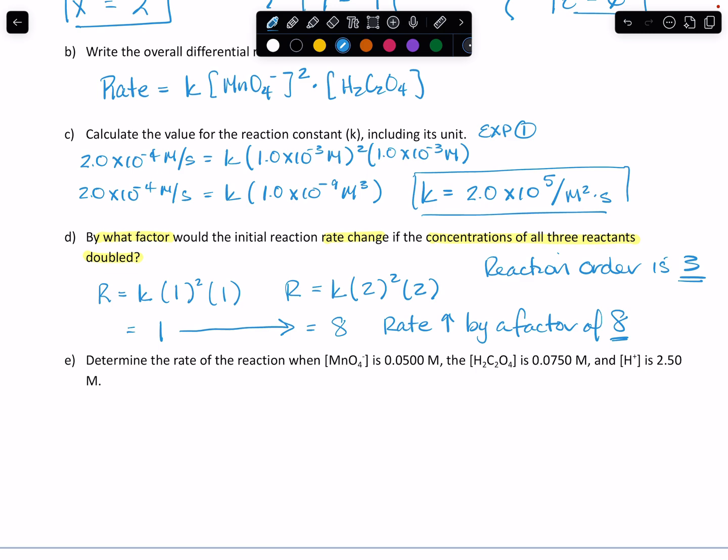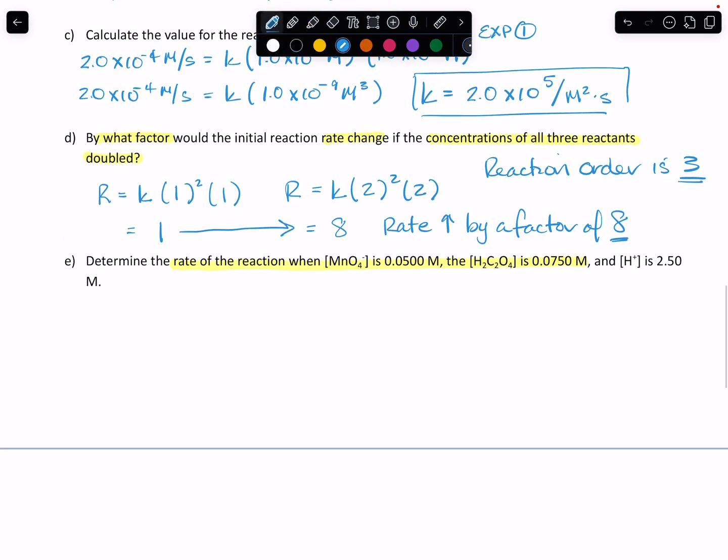All right. Now, determine the rate of the reaction when MnO4 minus has a concentration of 0.5 molar and the oxalic acid concentration is 0.75 molar and the concentration of H plus is 2.5 molar. All right, so this time we're going to use our rate law and our known value of K to figure out what the rate is under these initial concentrations.